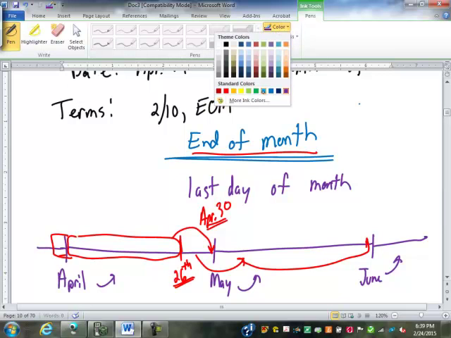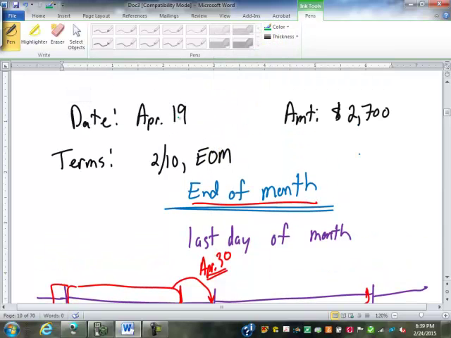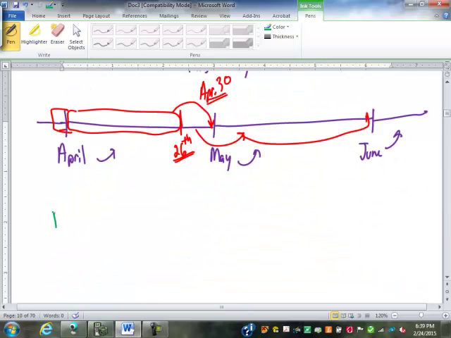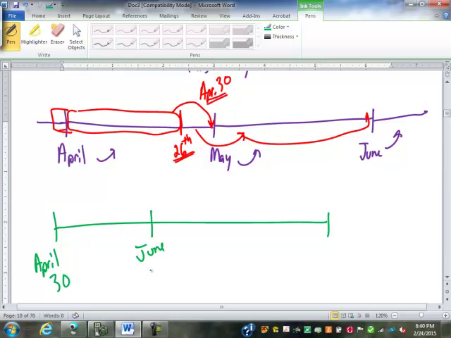So what that is telling us, of course, with this one being April 19th, its effective invoice date is going to be April 30th. So its timeline is going to start on April 30th. So the 10 is going to end on, sorry, May 10th.